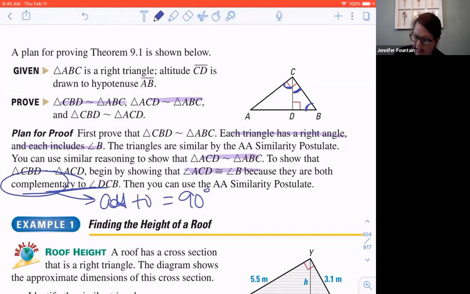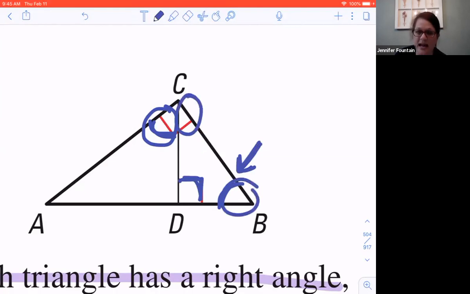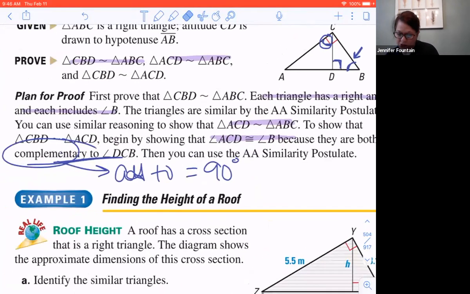So if I'm given this one, then I know that when I add this one, it's going to equal 90 degrees because I've got that right angle. Likewise, if I'm given 90 degrees and I know I have this angle here, I know these two angles have to add together to make 90 degrees. So I have a 90-degree angle and angles that are complementary. Okay. So again, you can use the angle-angle postulate.